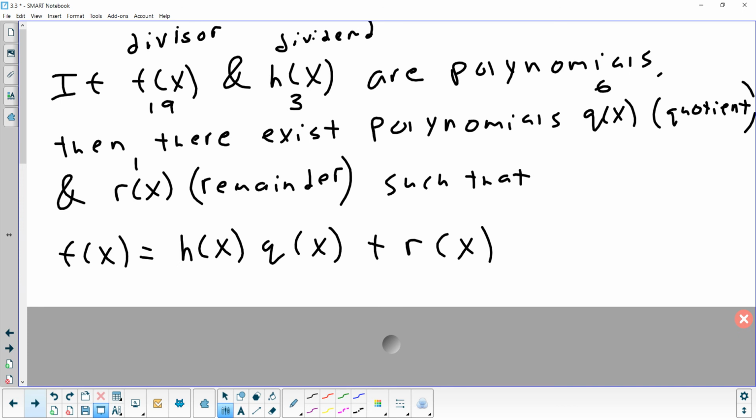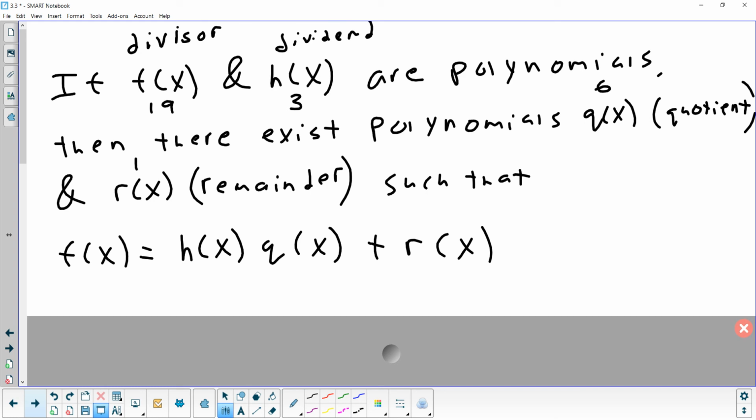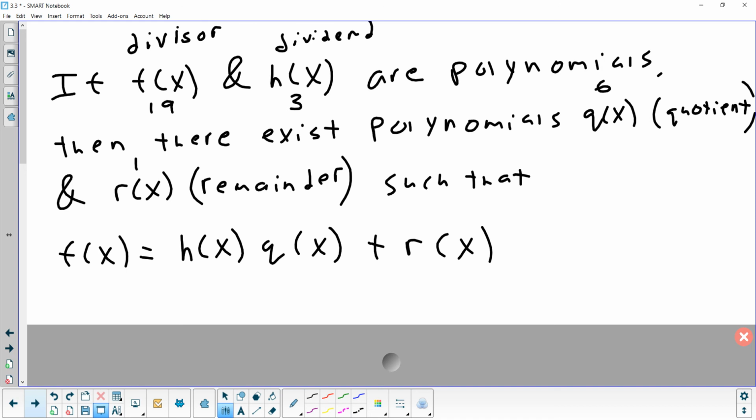Quotient times divisor plus remainder. Did I write it wrong on the other page? Because this is right. I think I just switched divisor. Yeah, I did. I'm sorry. I switched those two names. 3 into 19. The number on the outside is your divisor.